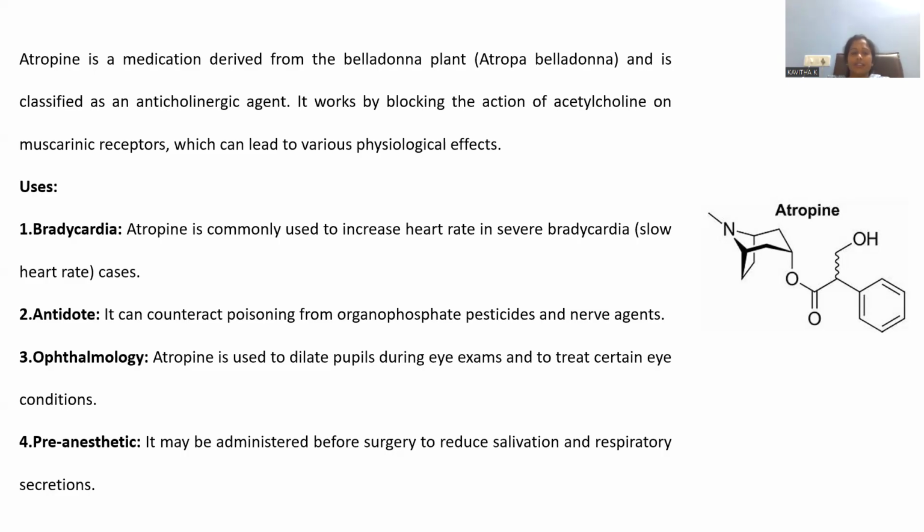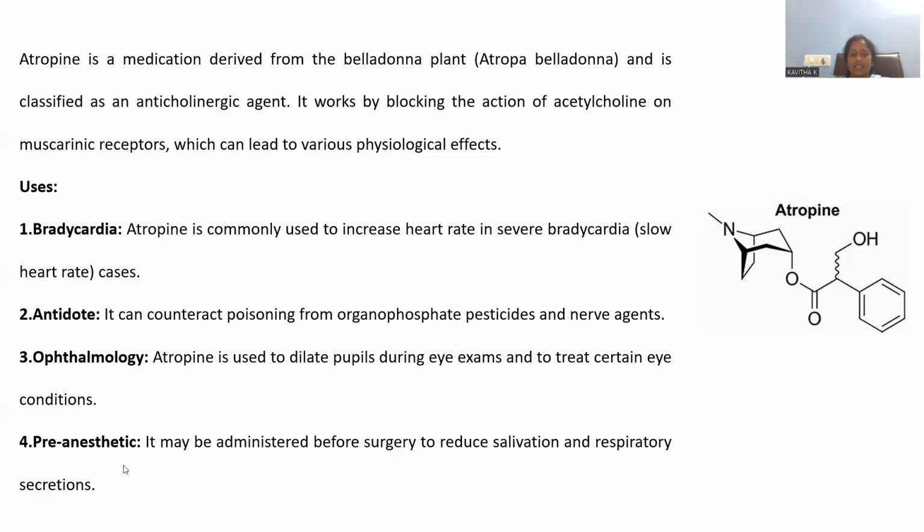Minor surgeries require local anesthesia. Whenever we consume anesthesia drugs, our entire activities get paused. Sometimes we will be unconscious for a few minutes or hours. Right. At that condition, pre-anesthetic agents are required. Atropine works like a pre-anesthetic agent.